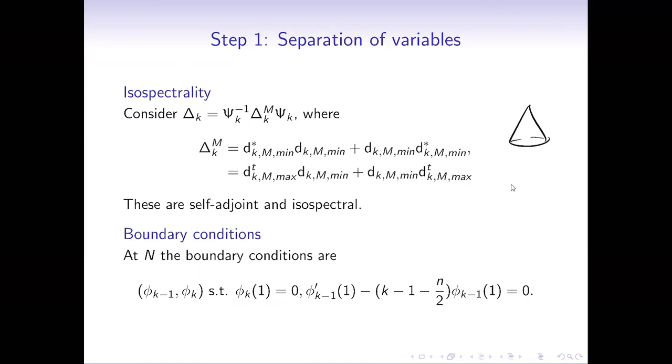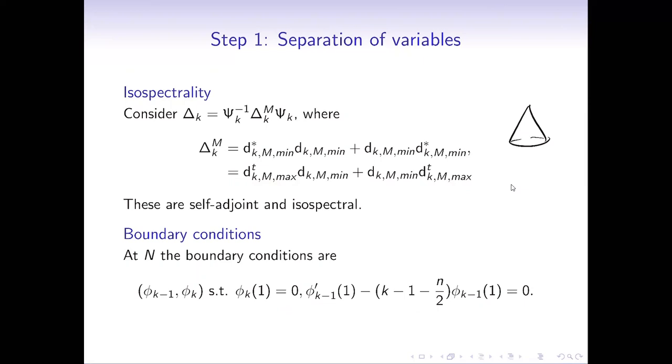On the K part, we have Dirichlet conditions. And on the K-1 part, these are Neumann conditions, but translated. So it's a weird mix between Dirichlet and Neumann conditions. To be honest, I don't fully understand why we choose these, except that this is a very nice way of defining a self-adjoint extension. These boundary conditions are kind of out of the blue, at least for me.